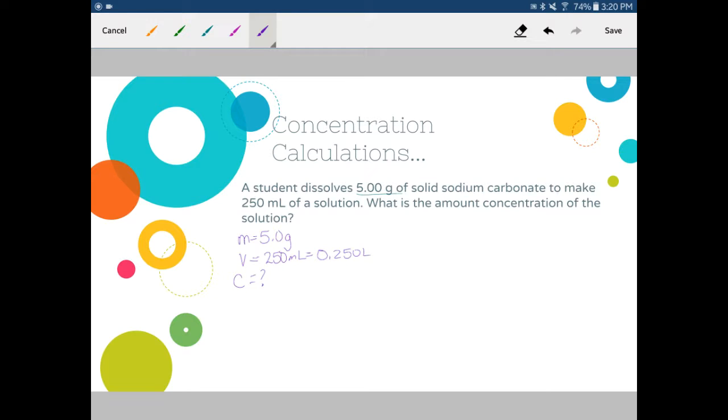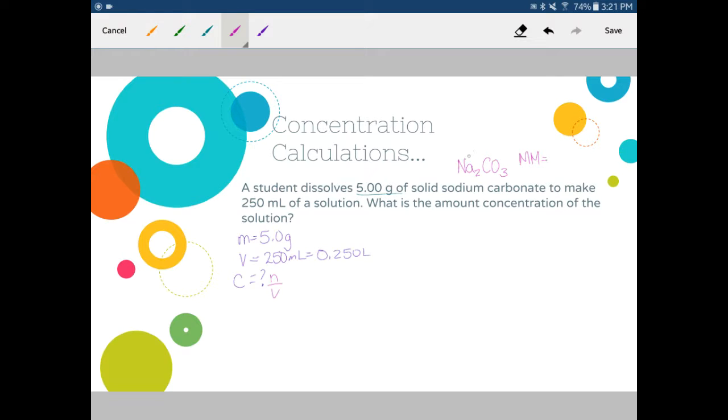Similarly, I need to use a different formula first to solve for my moles, because my concentration formula is C equals n over V. So initially I need to solve for my number of moles. Sodium carbonate is Na2CO3, and I'm just going to give you the molar mass to save a little time.